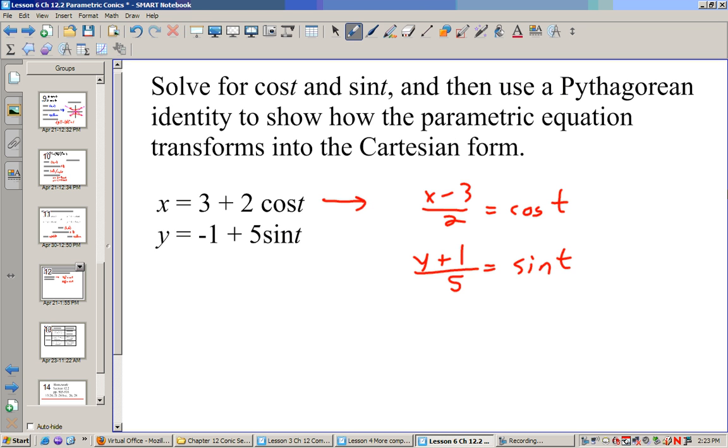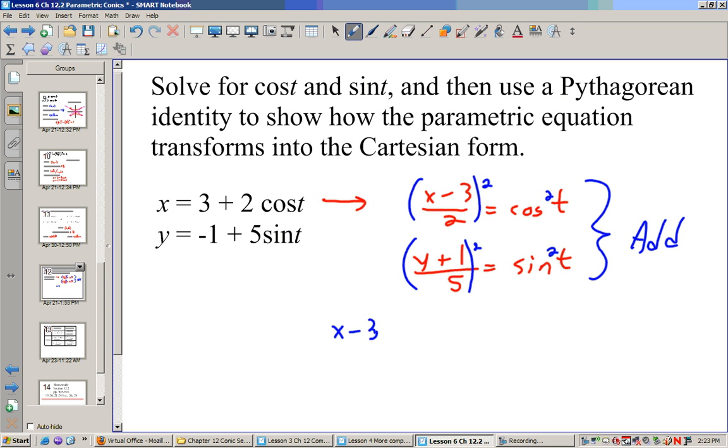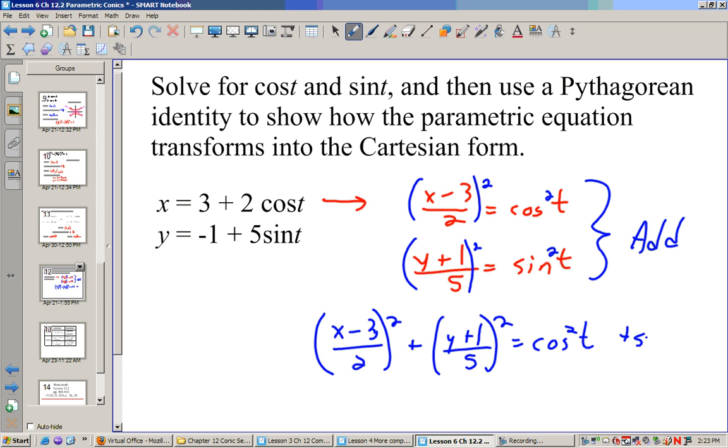Alright, and now I can square both sides of both equations, because if you do something on the one side, you have to do it on the other. And now let's just add straight down. So here I should write add. (x minus 3) over 2 squared plus (y plus 1) over 5 squared is equal to cosine squared t plus sine squared t.